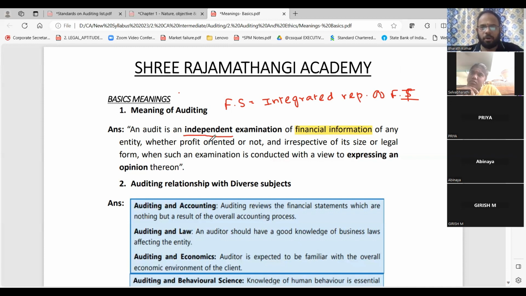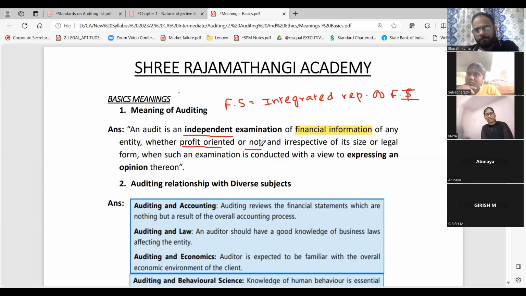Now, I talked about what organization, profit-oriented organization or non-profit oriented organization. So it can be a profit and loss account or an income and expenditure account. Profit and loss account means profit-oriented. Non-profit organization means Section 8 company. Irrespective of size or legal form, it can be MSME, micro, small and medium scale enterprises.